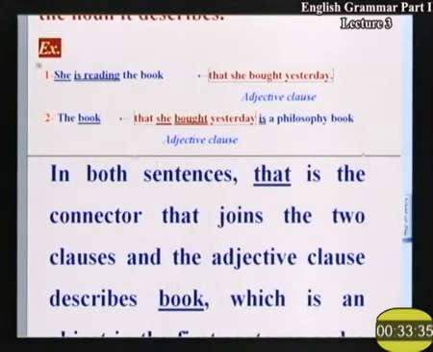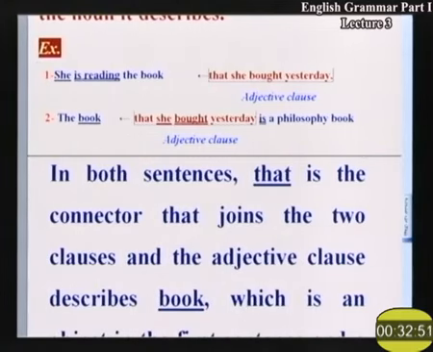alright؟ طيب. in both، يعني ما أنا كان ممكن هنا في الجملة دي أقول she is reading the book وخلاص. لما أقول that she bought yesterday أنا بزود مجرد كلام، إضافة، صفة، يعني I'm adding more information to a word. طيب هنا برضو the book is a philosophy book. that she bought yesterday برضو، through the adjective clause I'm just adding more information to the word book، لكن ممكن ما تبقاش موجودة. طيب in both sentences that is the connector that joins the two clauses، وعرفنا هما ايه.